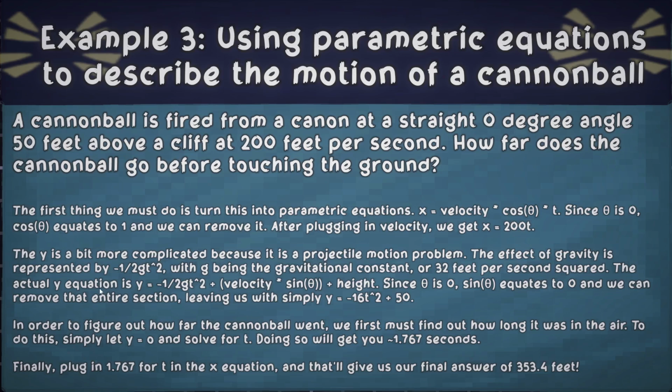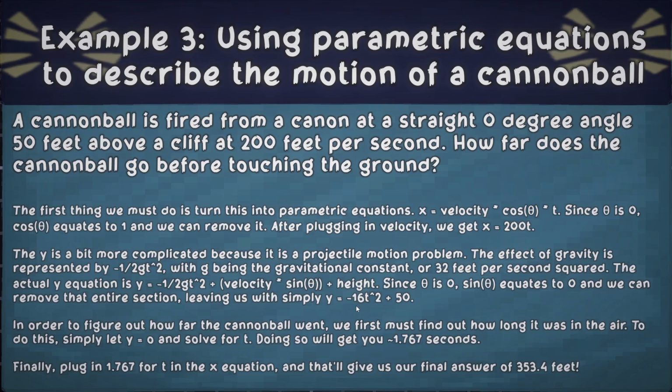So now, in order to figure out how far the cannonball went, the first thing we need to do is figure out how long it was in the air. We're going to do this before graphing. So to do this, we're simply going to let y equal 0 and then solve for t in this equation here. So it would be 0 equals -16 t squared plus 50.